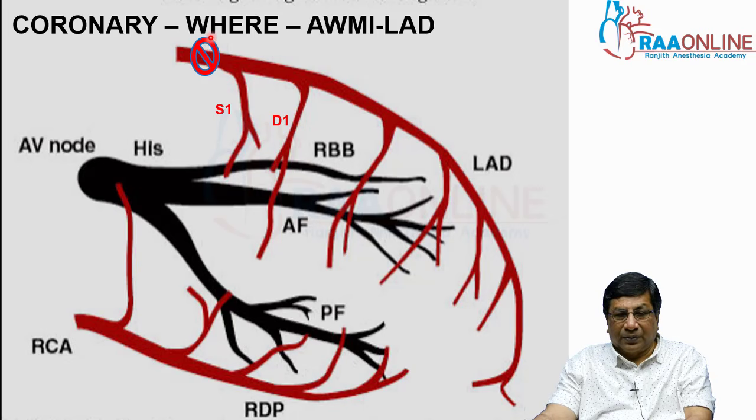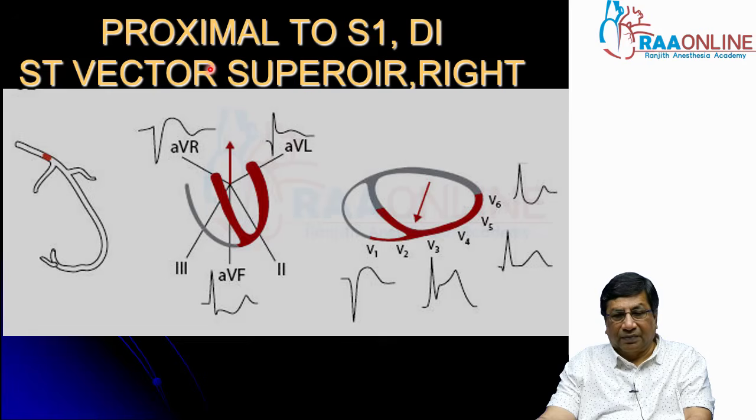Proximal left anterior descending artery lesions are very, very critical, very dangerous because of the two points I have told you. One, a huge myocardium is at risk. Second, the proximal branches, as you know, supply the conduction system of the heart. That's why it is very important to locate whether I have a proximal LAD lesion.